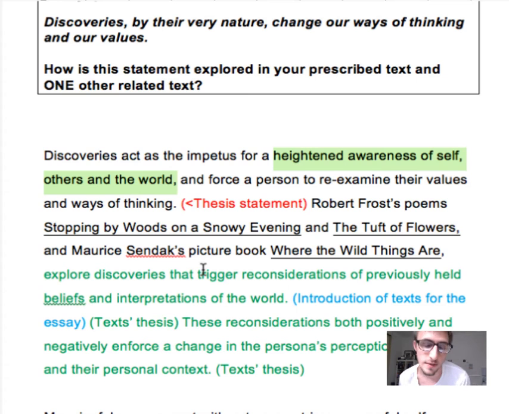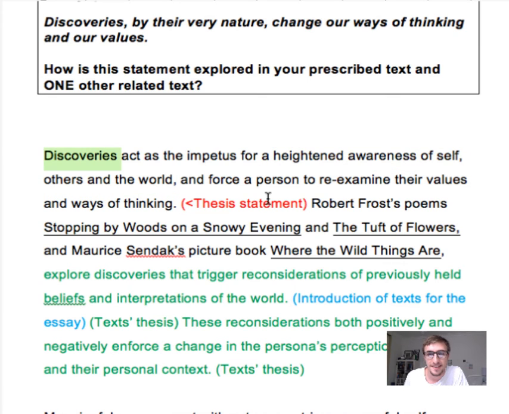Within the Frost poems that I've chosen, I'm going to be looking at discoveries that act as an impetus, so a starting place for a heightened, which means a higher awareness of self, others, and the world. The speaker themselves, the people that are around them, and then wider than that, the world that is around them, including nature, but also including other people and communities.